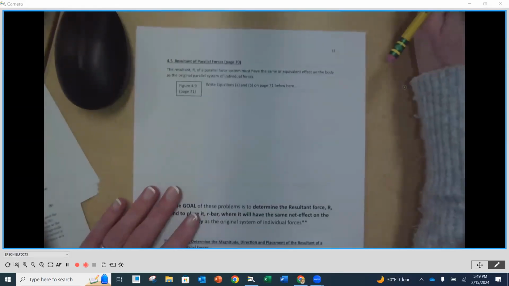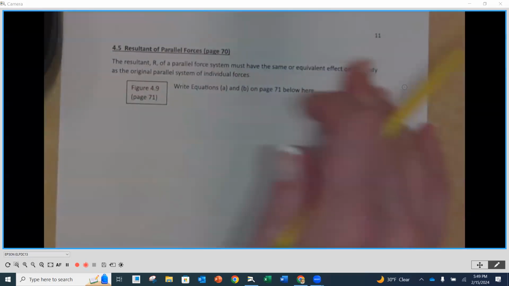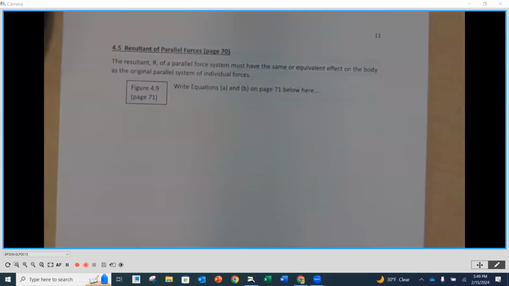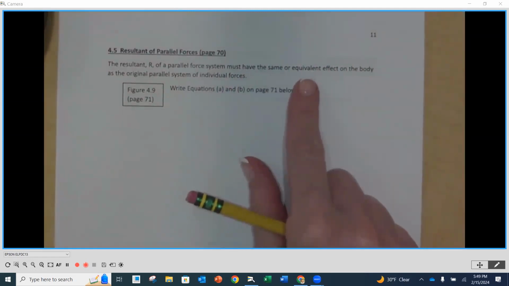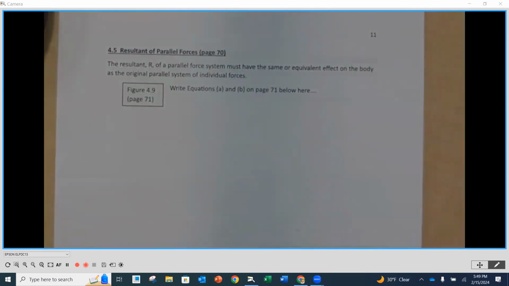On the top of page 11, we're going to a new section, still on page 70, but there's our next column here. It says resultant of parallel forces. Now the resultant R of a parallel force system must have the same equivalent effect on the body as the original parallel system of the individual forces.